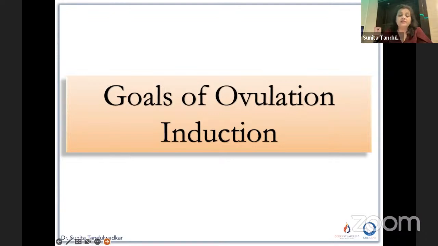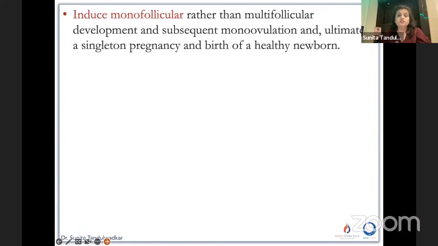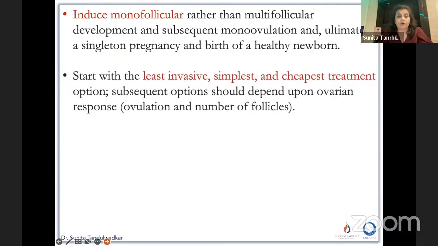There may be a subtle defect in the follicular phase and luteal phase, which you wish to improve in an ovulatory woman. Most important, our goal should be to induce monofollicular rather than multifollicular development, and subsequently a single pregnancy and the birth of a healthy baby.